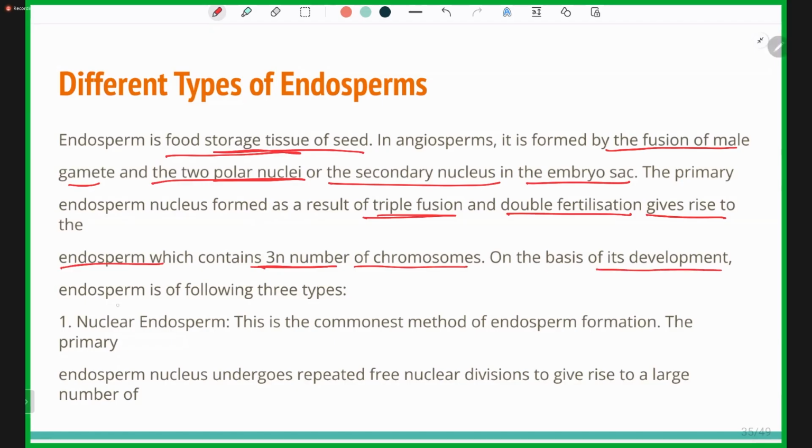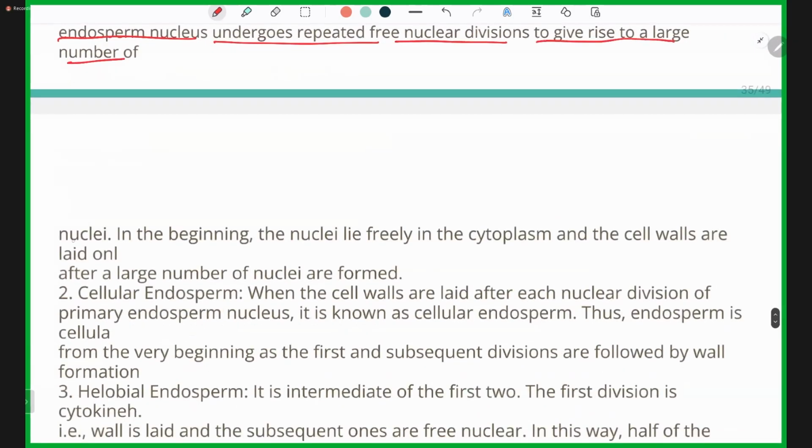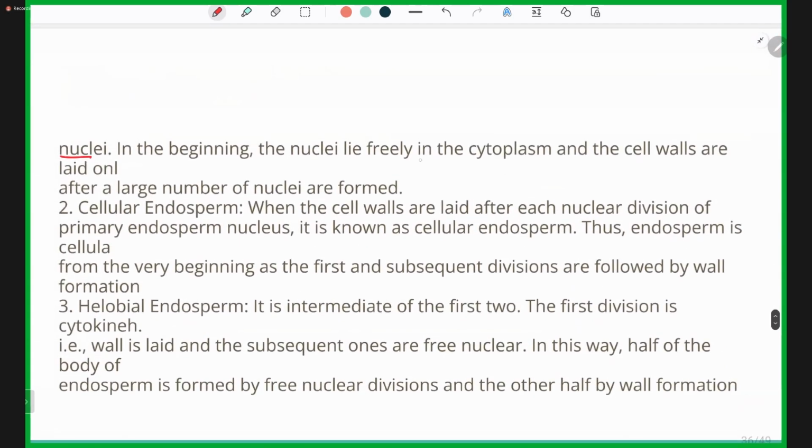On the basis of its development, endosperm is of the following three types. It can be nuclear endosperm, which is the commonest method of endosperm formation. The primary endosperm nucleus undergoes repeated nuclear division to give rise to a large number of nuclei. In the beginning, the nuclei lie free in the cytoplasm, and the cell walls are laid down after a large number of nuclei are formed.